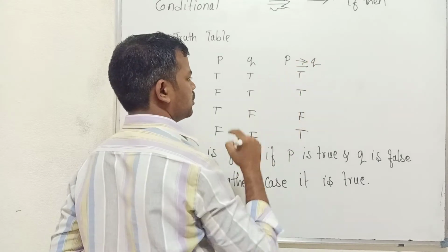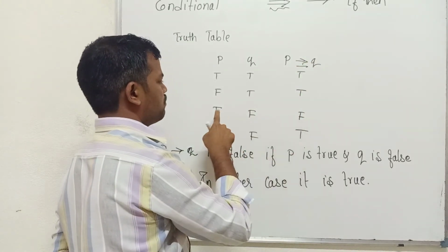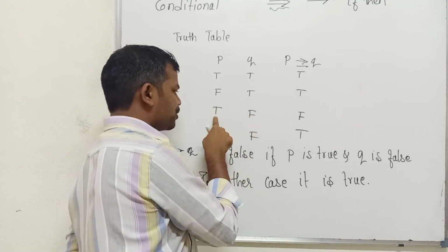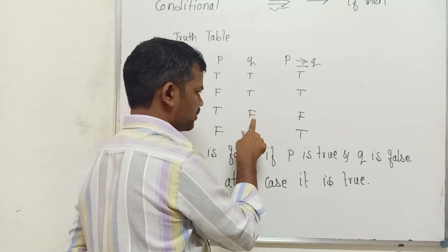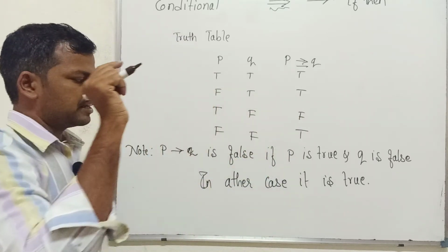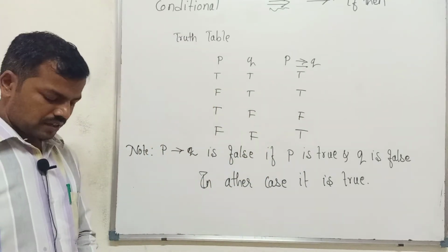It is false only when P is true and Q is false. It is false only when P is true and Q is false. In the remaining cases it is true.